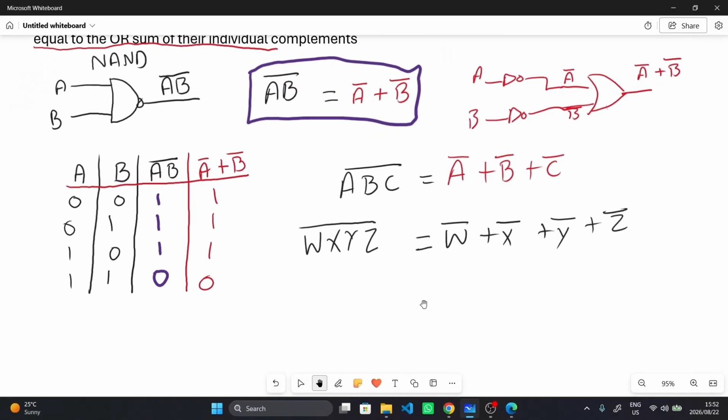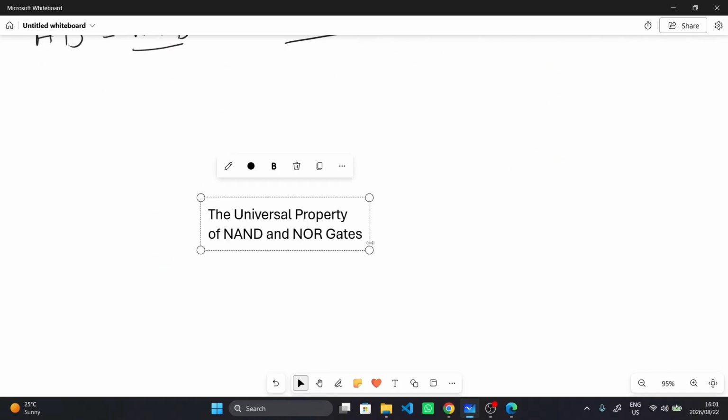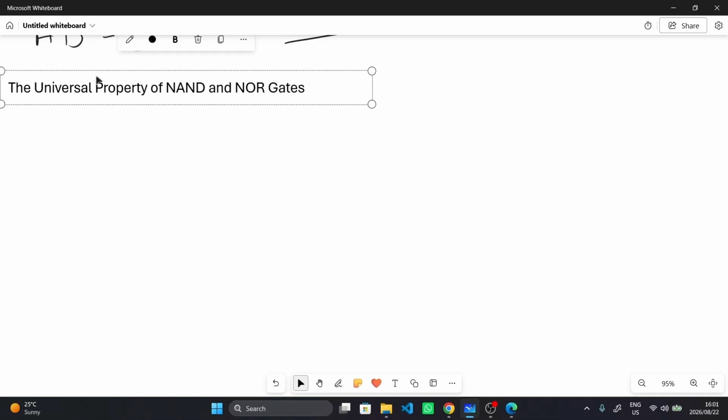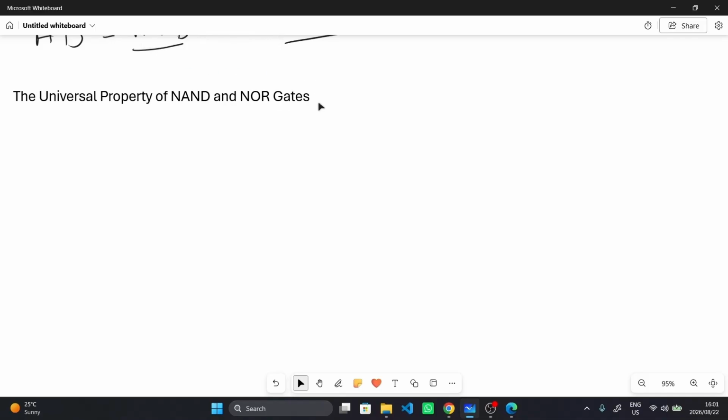Okay, so let's say we have our NAND details, the universal property of NAND gate and NOR gate, right?